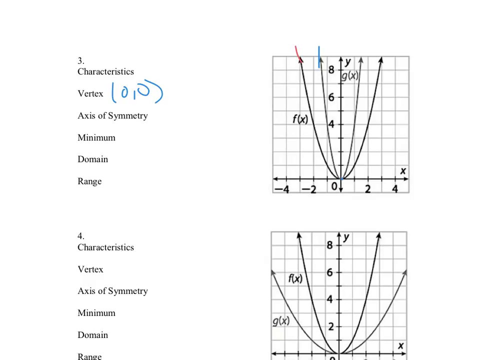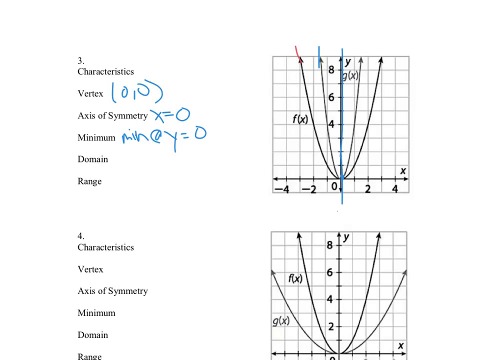Our axis of symmetry for both of them is x equals 0. Then we have our minimum, because our graph opens up, and we would say a minimum at y equals 0.